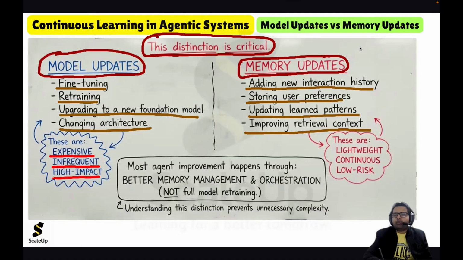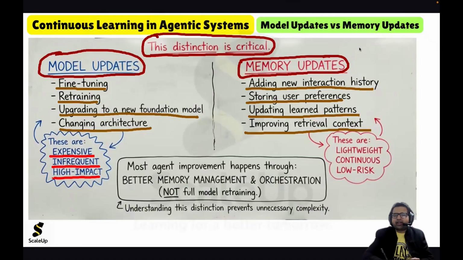Now, with memory updates, whatever prompt we are giving to the LLM and whatever response we are getting, we are storing it somewhere in the memory, and we are calling it the interaction history. User preferences we are storing in the memory, so that we can make use of them. We can give those user preferences as prompt, as additional context, so that the LLM response will be more personalized.